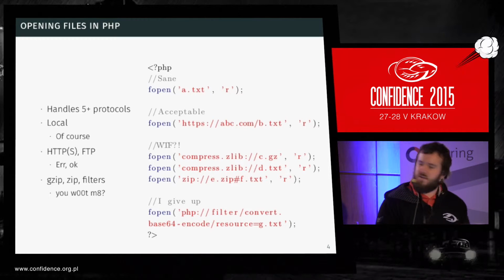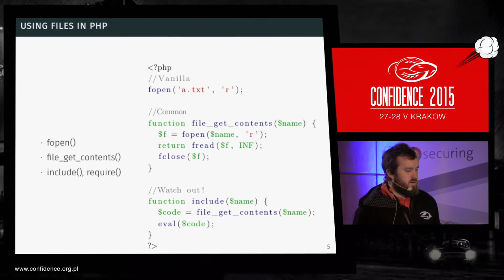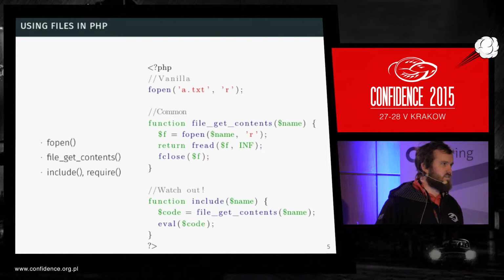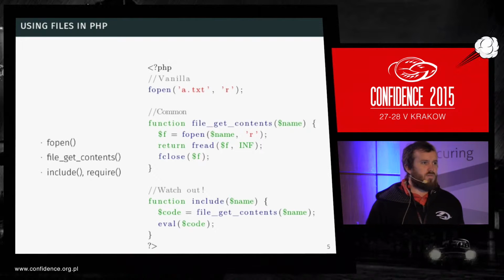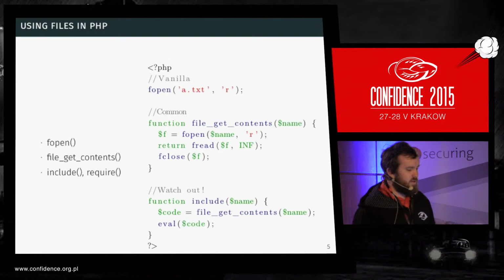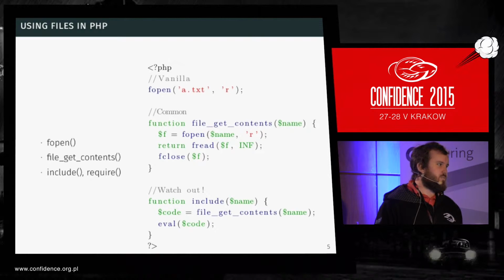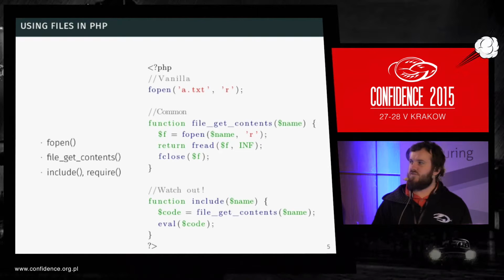Okay, so this is a lot of strange stuff, but what implications does this have? How do we use files in PHP? You could just open a file, read stuff, write stuff like you do in any language. But I think the two most common operations in PHP when it comes to files is either to just read all the contents of the file and return it as a string.